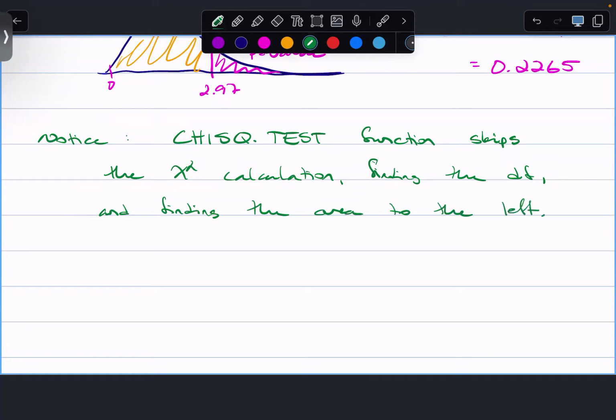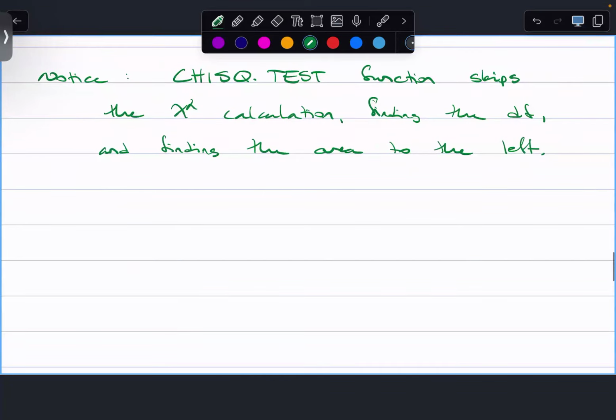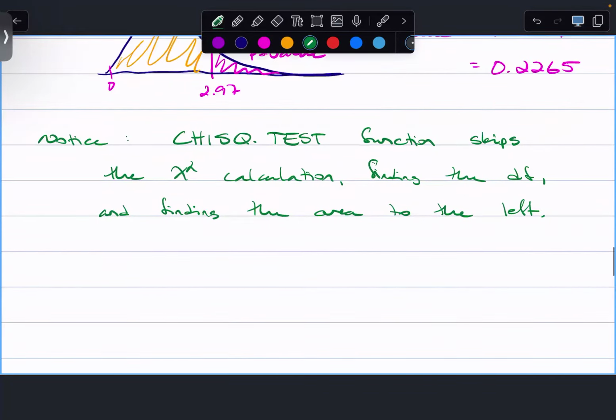Kind of a valuable player there. So for our conclusion, which is our step 4, if the p-value is small enough.